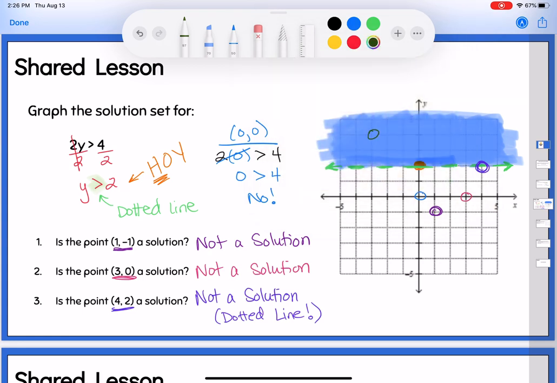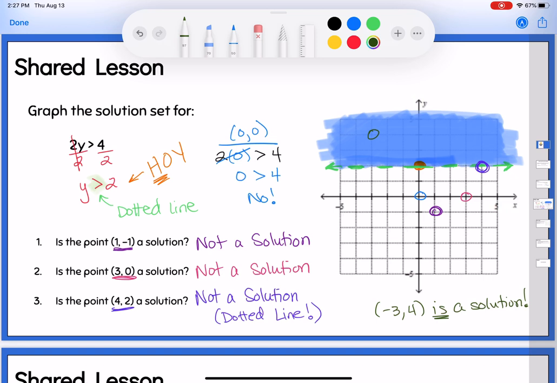Negative 3, 4. That would be a solution because it's up in that shaded area. So that is a solution if you wanted to create another one. Negative 3, 4 is a solution. But don't get fooled that just because they give you a point, you got to have a solution in there. Just check your graph.